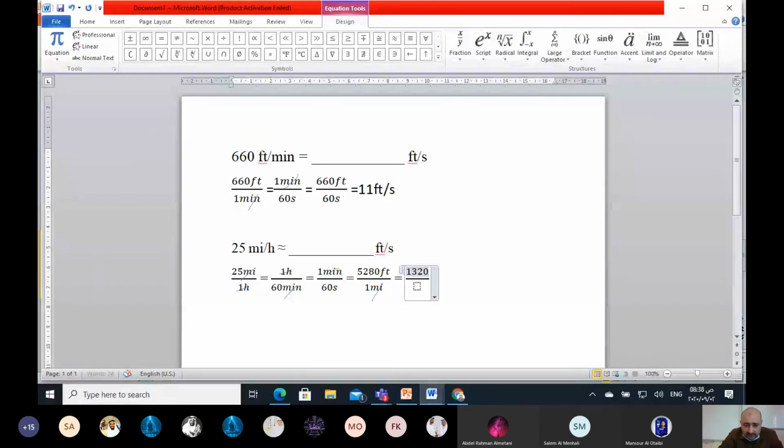Down we have 1 times 60 times 60 times 1, which means 60 times 60, 3,600, and the unit second.